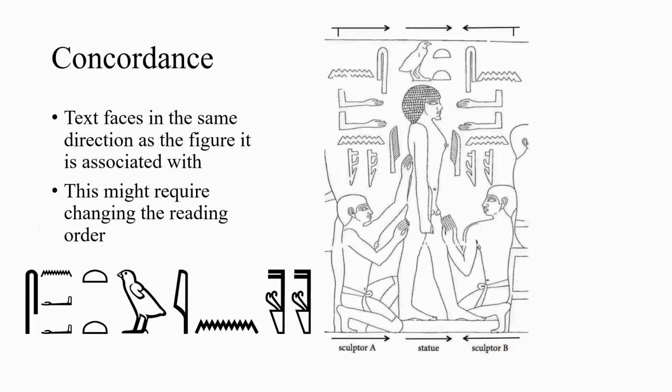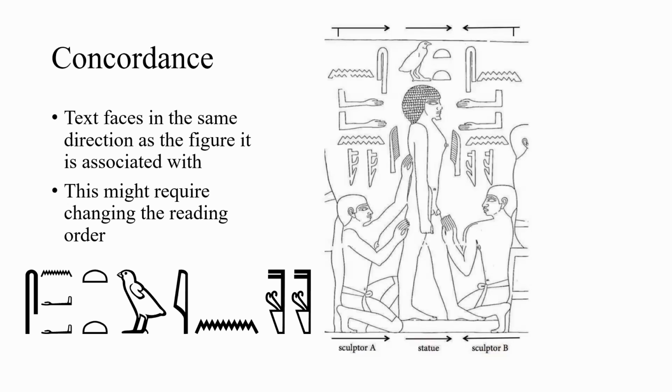Another very important principle is concordance, which is when you align the orientation of a given piece of text with the image that it accompanies. So for example, this composition here contains this sentence, which means "scrubbing of the statue by two workmen."